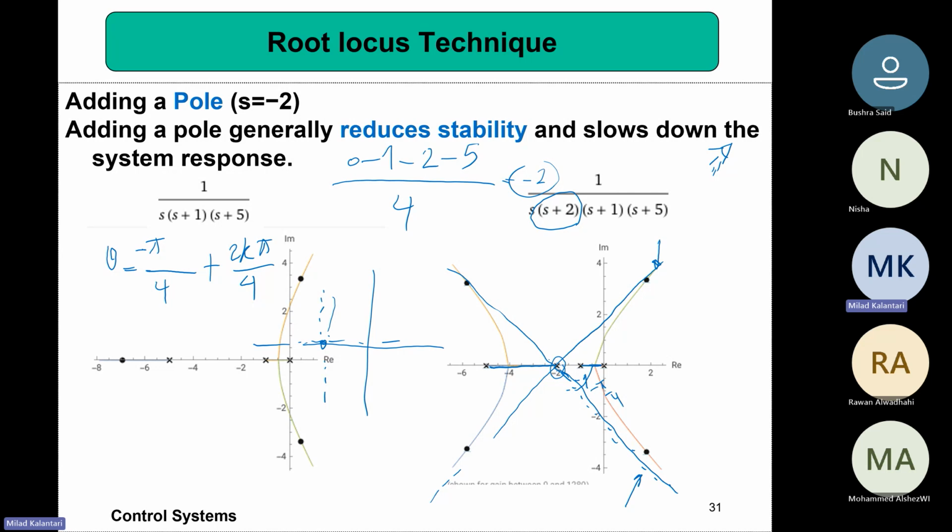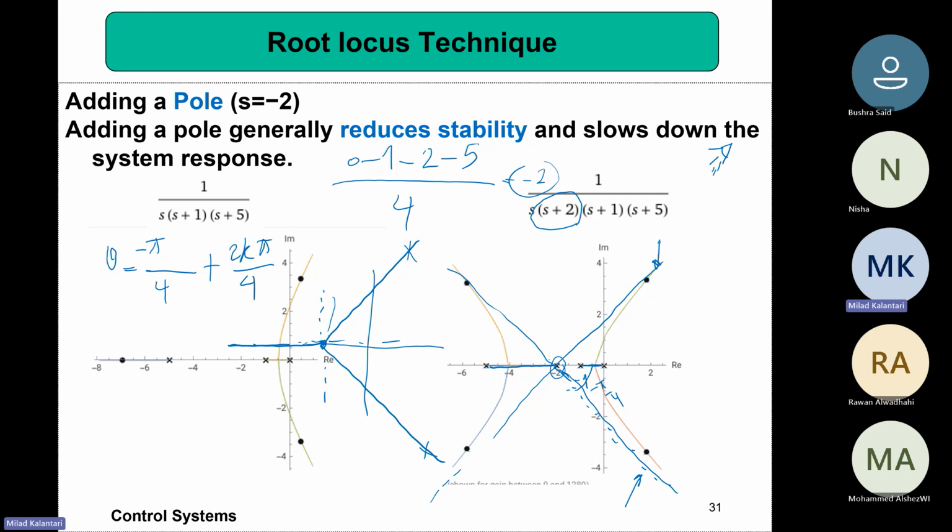But let's say if you have third order, right? When you have the third order, then you will have three of these asymptotes. Once you have three of them, it is something like this, something like this, something like this, right? And then these two are saying that if you increase the k, it will be unstable at the end.